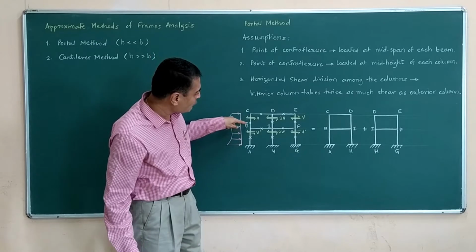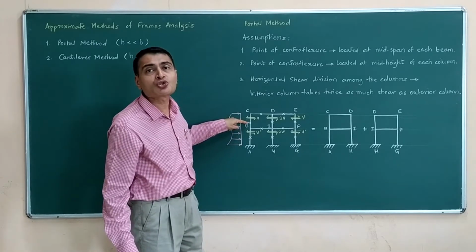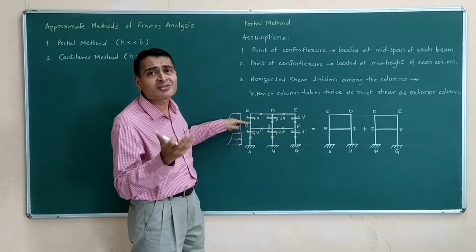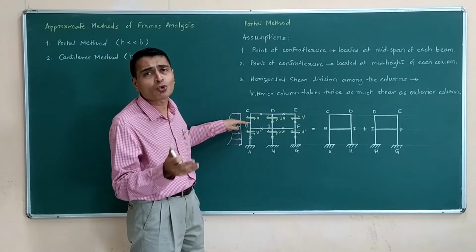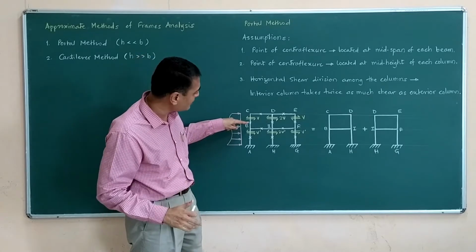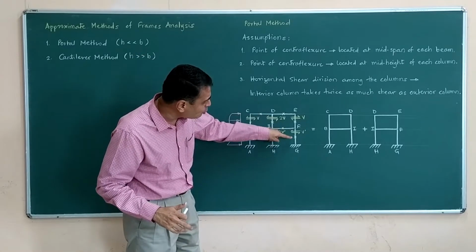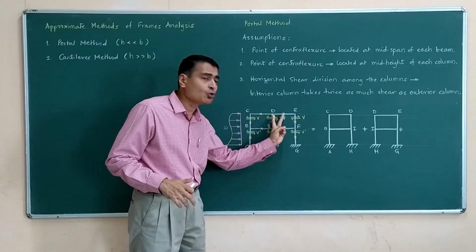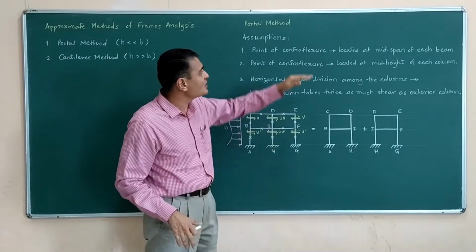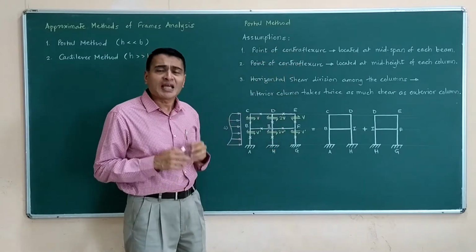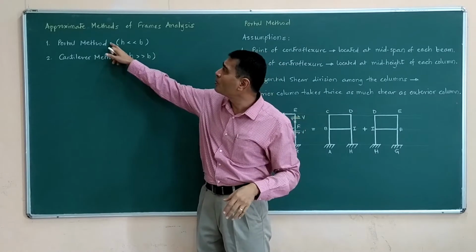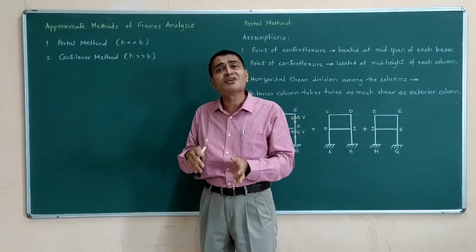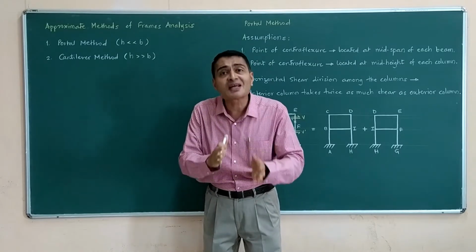So the bending moment would change its sign from hogging to sagging or from positive to negative, however, exactly at h by 2 in each story and exactly at L by 2 in each span. These are our first two assumptions. In fact, these two assumptions are common for both these methods. Then where do these methods really differ? That is in the third assumption.